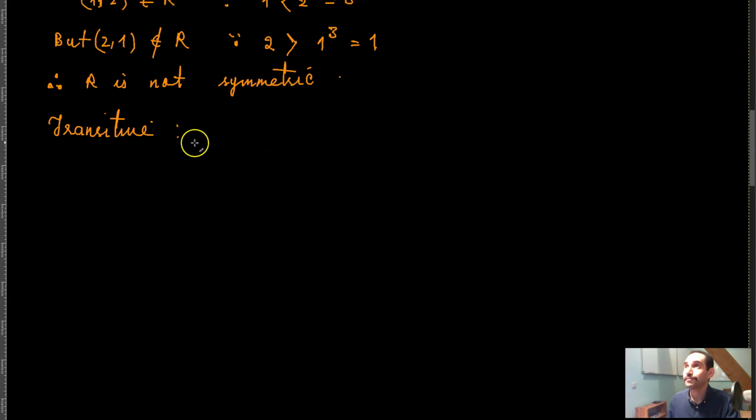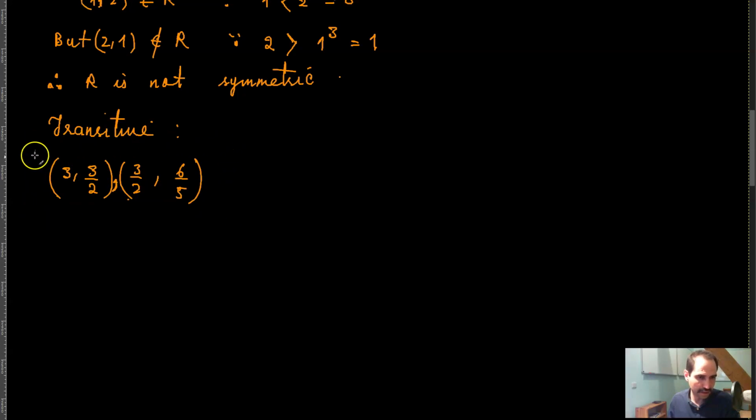So basically 3, 3 halves and 3 halves, 6/5. So you can see that these are not the kinds of things that you can just normally get to. It does need a lot of contemplation and a lot of considering all different cases, right?